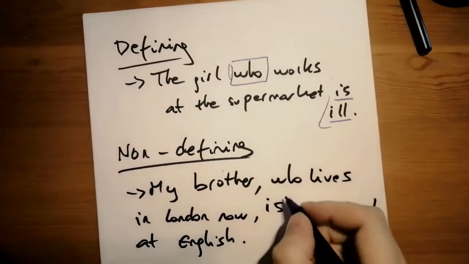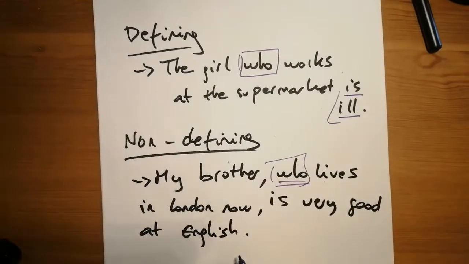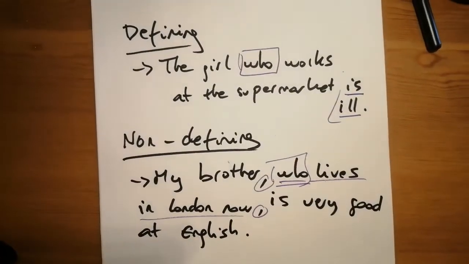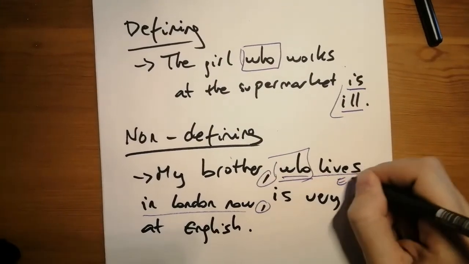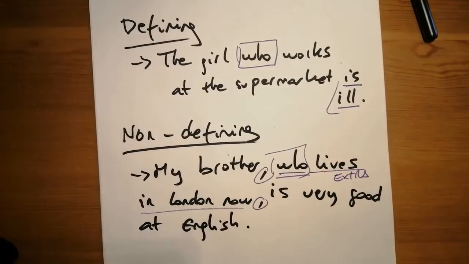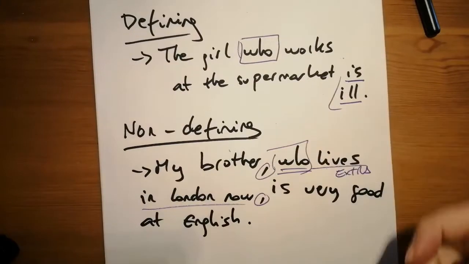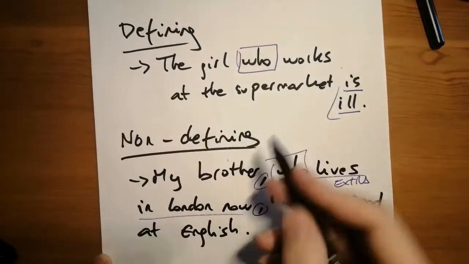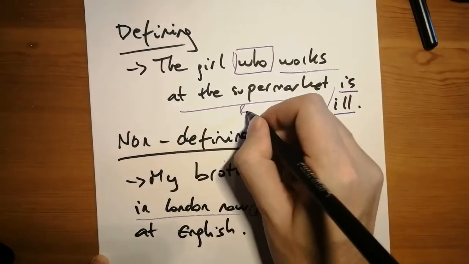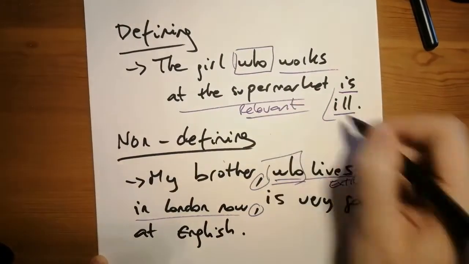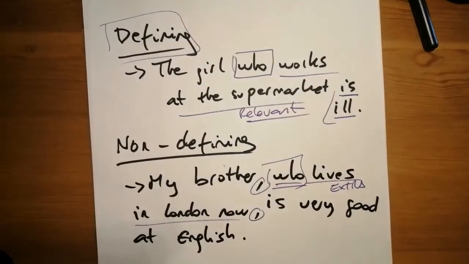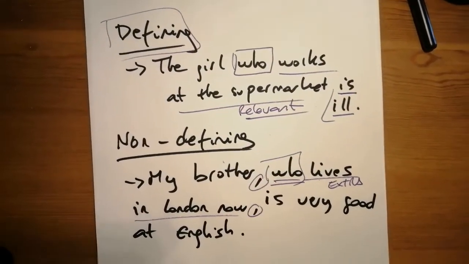As you can see here, it is the same relative pronoun, but in these cases with commas, because this, who lives in London now, is the extra information. Because I can say my brother is very good at English. Why? Okay, because he's living in London. Anyway, here, all of this is relevant. Yes? So, we're going to study the defining, not the non-defining.